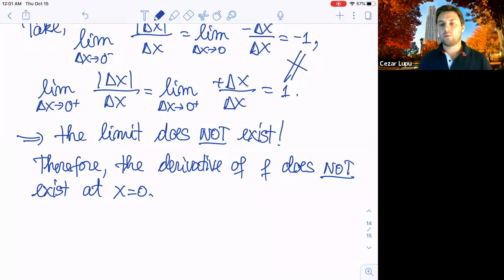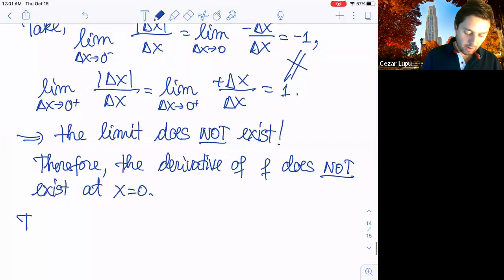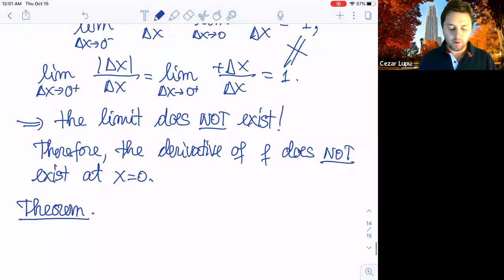So I would like to address this issue of how continuity is related to differentiability. And we have the following theorem, which says the following.